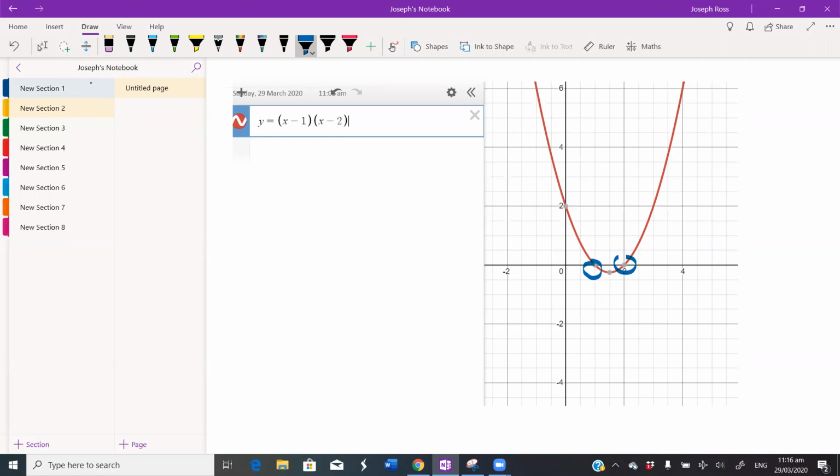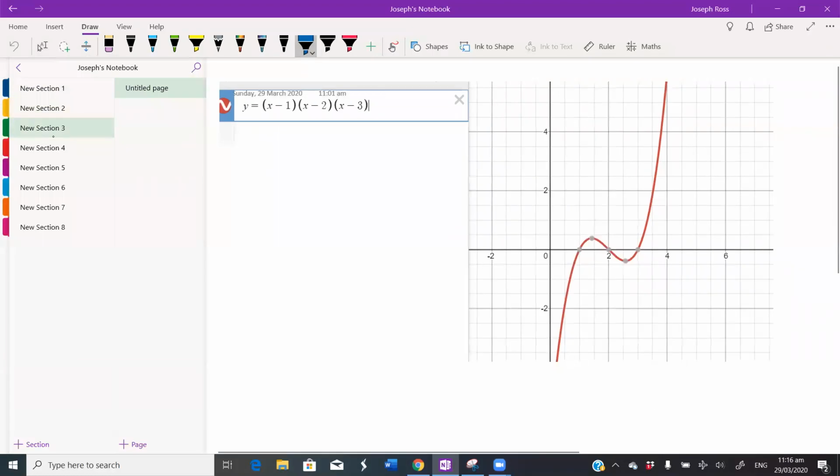Now, if we add in a third x-intercept, so we now have intercepts at 1, 2, and 3, this is the cubic equation y equals (x minus 1)(x minus 2)(x minus 3), and that 1, 2, and 3 in the equation correspond to the x-intercepts there.